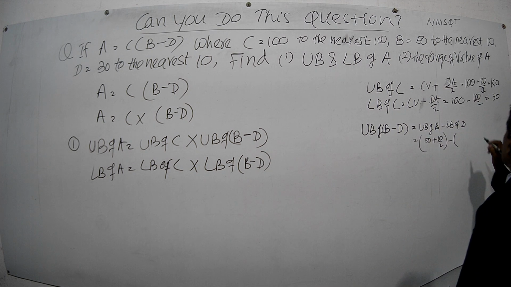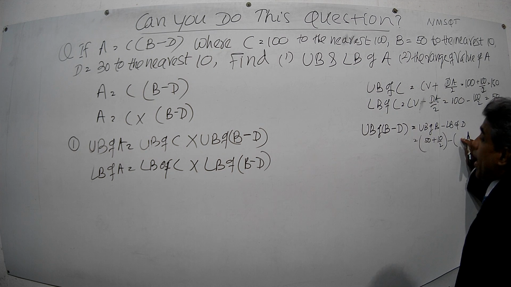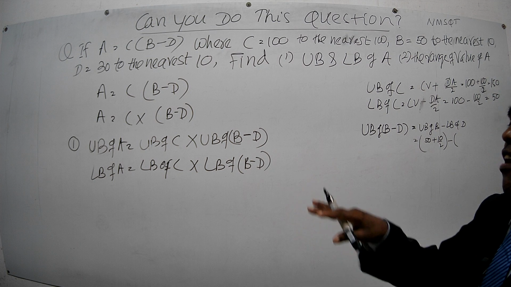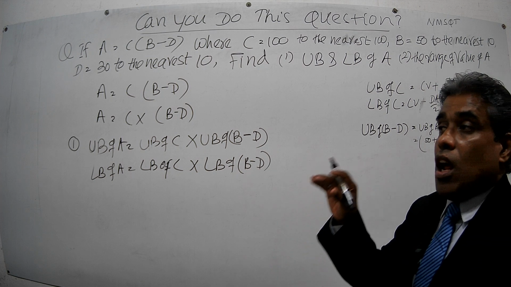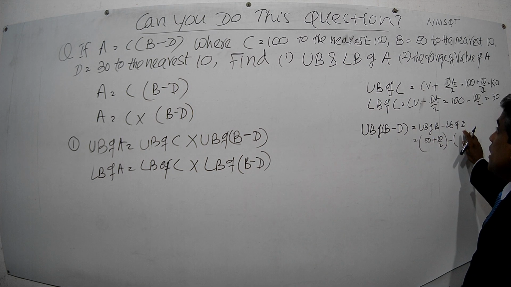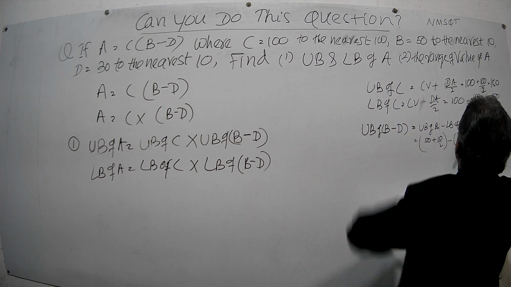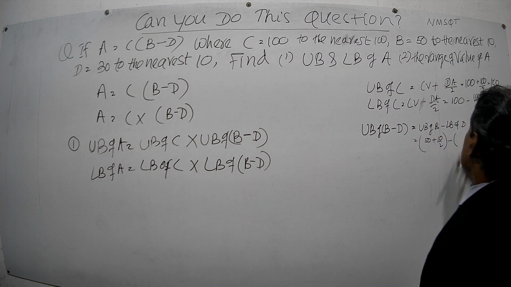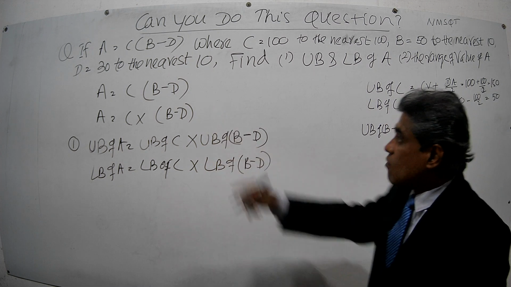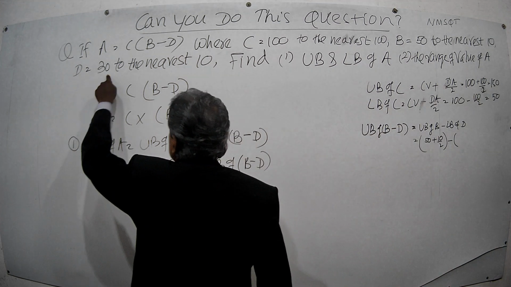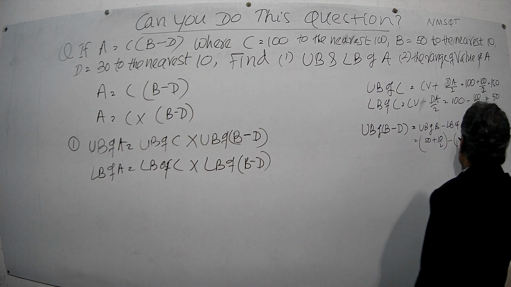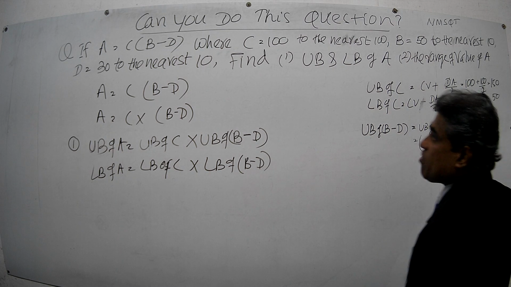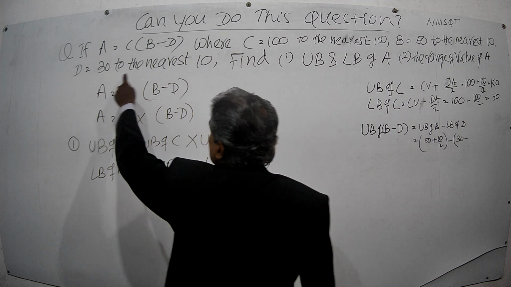To find the lower bound of D, we take the corrected value of D minus degree of accuracy of D over 2. Take the corrected value of D here: D equals 30. That is the corrected value, 30. Then minus the degree of accuracy of that, and that 30 has been given to the nearest 10.